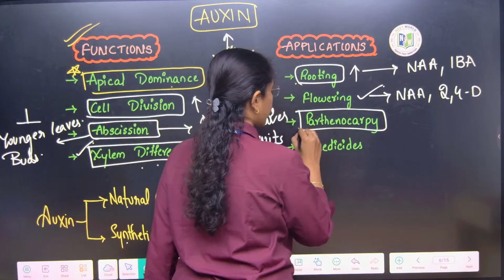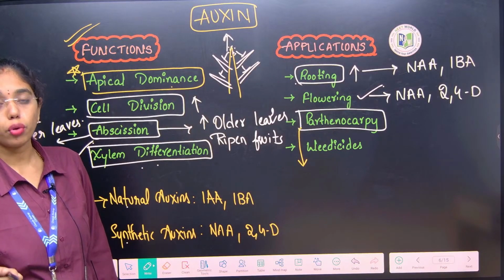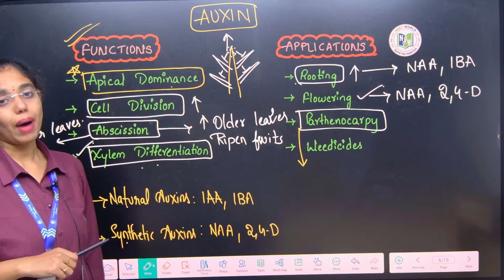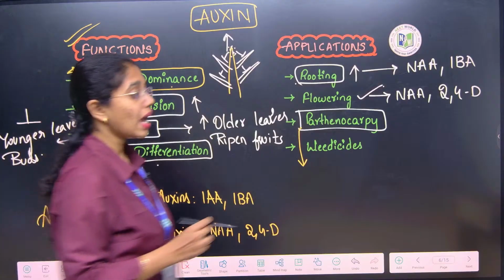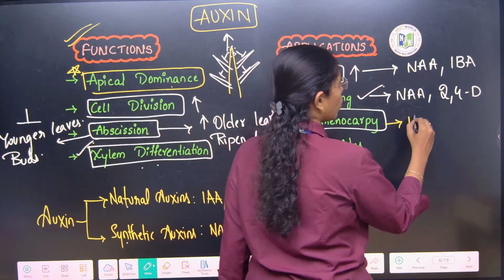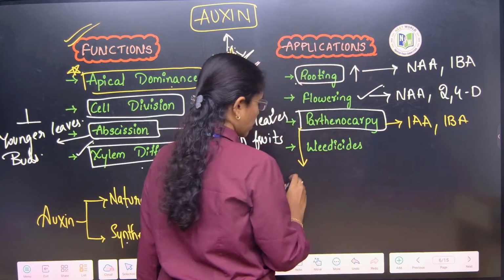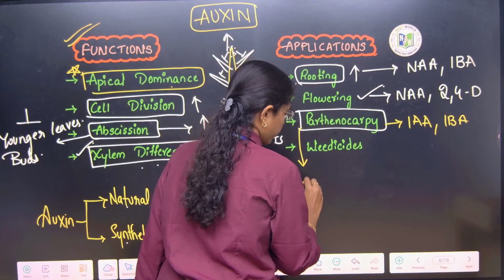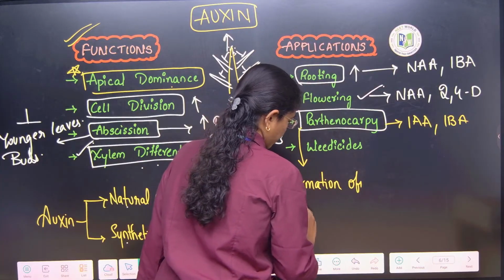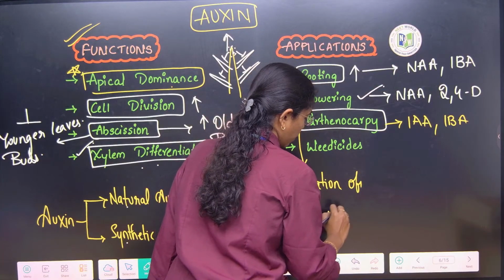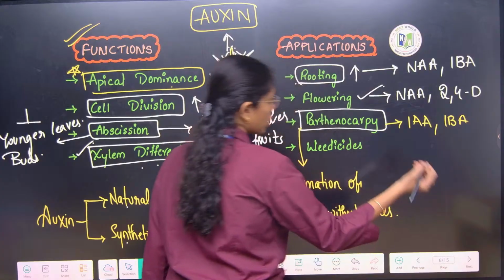And then parthenocarpy. What is parthenocarpy? Production of fruits without fertilization, or formation of fruits without fertilization, is known as parthenocarpy. So, seedless fruits are produced by the application of auxins, and what type of auxins do we apply? Indole acetic acid and indole butyric acid. So, parthenocarpy is formation of fruits without seeds, that is production of seedless fruits.